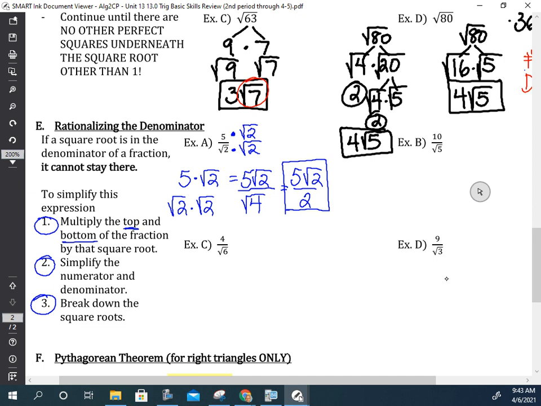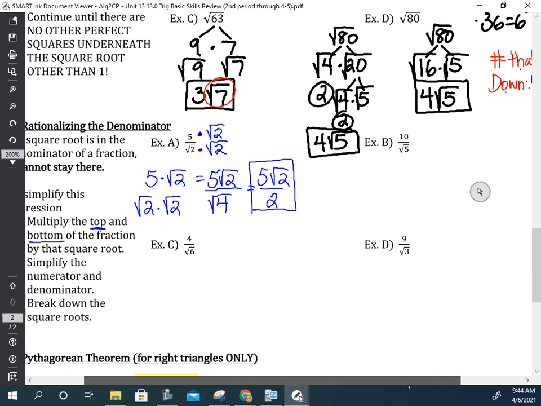Any questions with part A? Right. Not seeing any or hearing any, so I'm assuming that everyone is good to go. Go to part B.